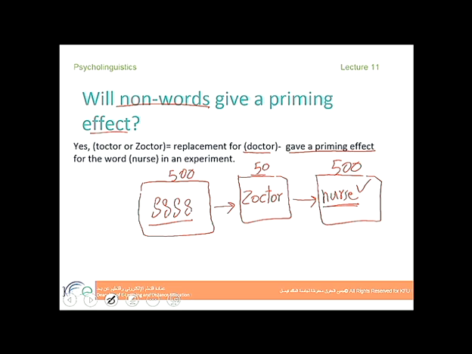What we found is that, yes, there will be a priming effect even for non-words, even non-words that sound the same as real words like doctor. Both will give us faster responses.